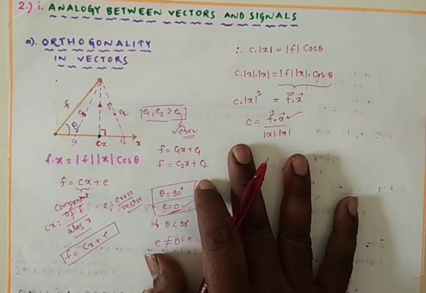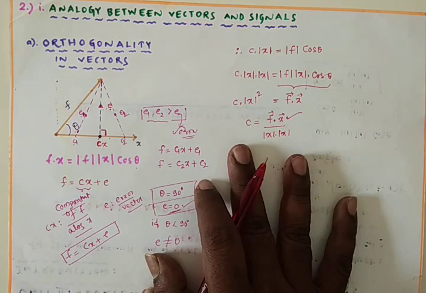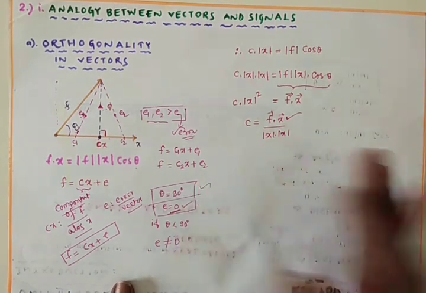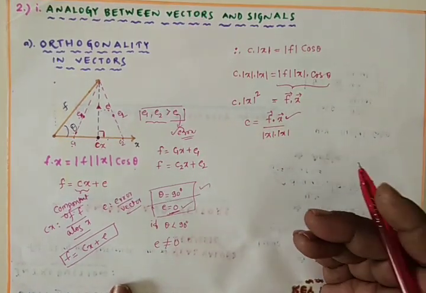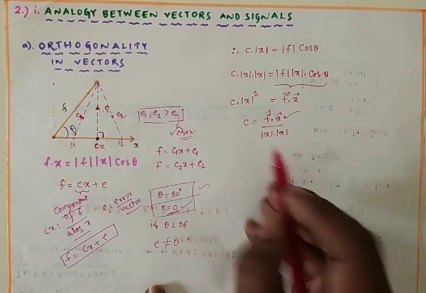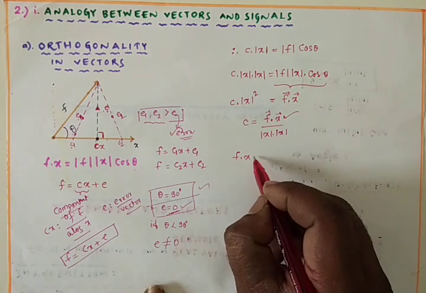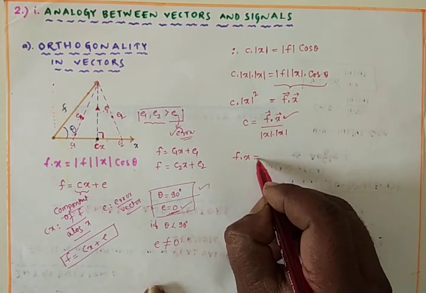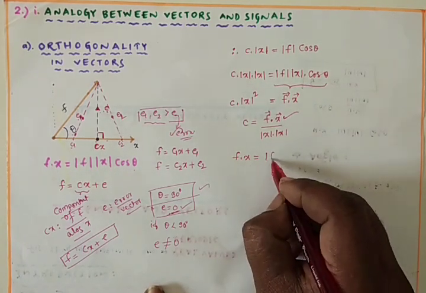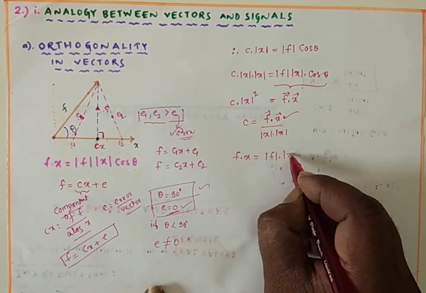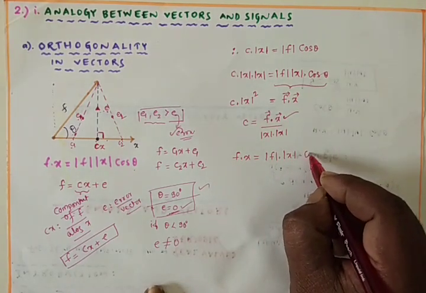So this is the condition for orthogonality of vectors. Now I am going to explain what happens if the angle between these two vectors is equal to 90 degrees. We have the formula F dot X, the dot product of two vectors, is equal to modulus of F into modulus of X into cos theta.